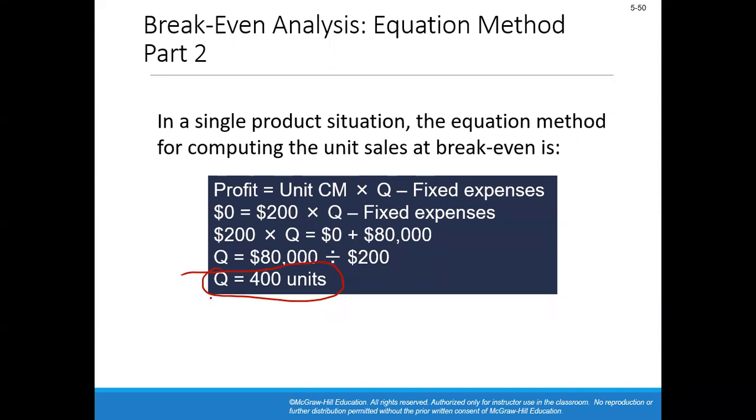Particularly, it is straightforward if your company is a single product company. Can you give me an example of a company which has a single product?